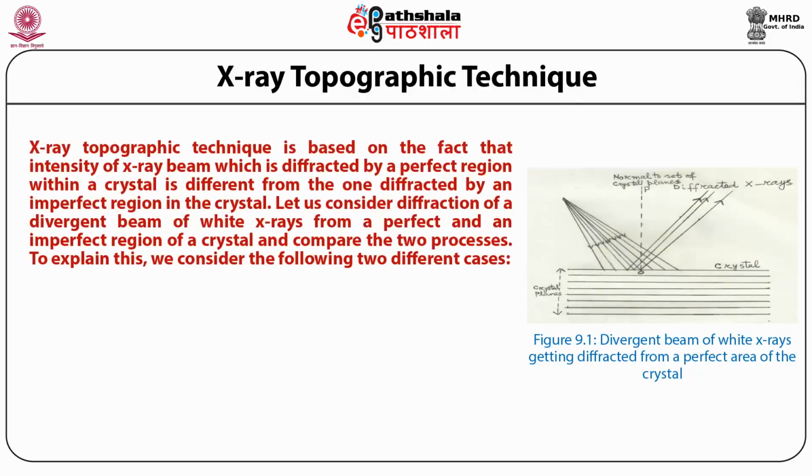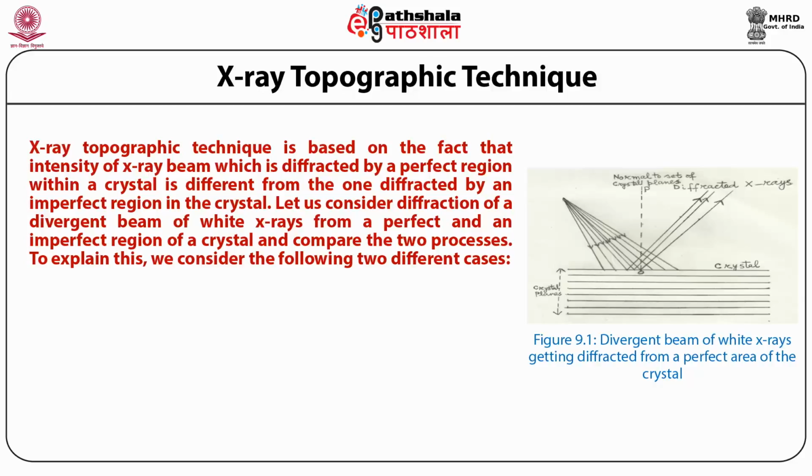The X-ray topographic technique is based on the fact that the intensity of an X-ray beam diffracted by a perfect region within a crystal is different from the one diffracted by an imperfect region in the crystal. Let us consider diffraction of a divergent beam of white X-rays from a perfect and an imperfect region of a crystal and compare the two processes.